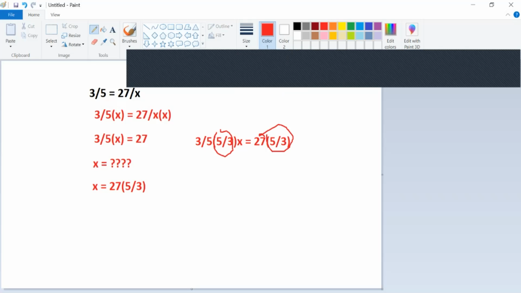When I do that, it's still balanced, but it allows me to cancel: this 3 will cancel this 3, and this 5 will cancel that 5. So I end up with x by itself. That's what I was trying to do, by multiplying by 5 over 3 on both sides. So now I've got x equal to 27 times 5 over 3.